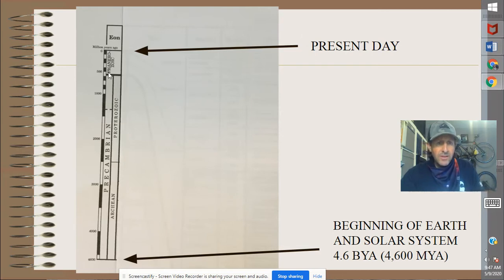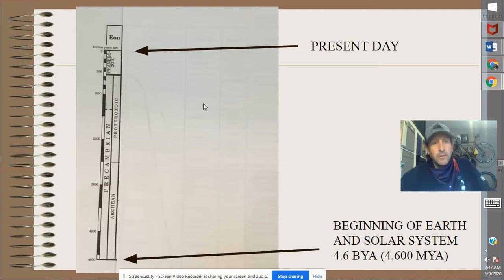What's interesting is that the Precambrian represents over 80% of geologic time, something between 80 and 90%. So from 4.6 billion to 544 million years ago, it's the Precambrian. The last 544 million years, we're in the Phanerozoic, which is only about 15% of geologic time.